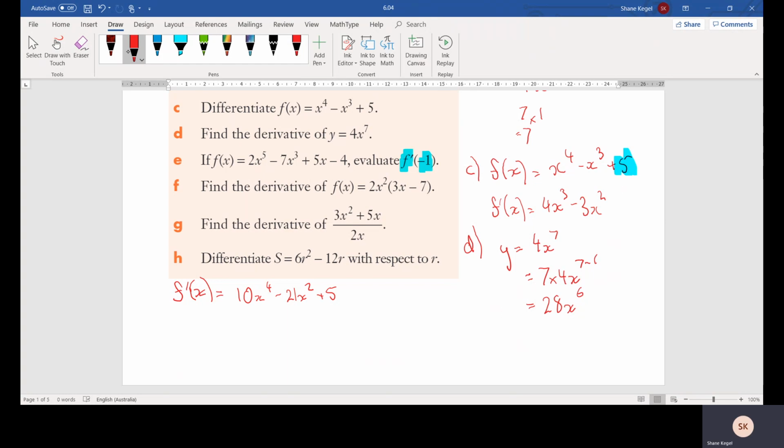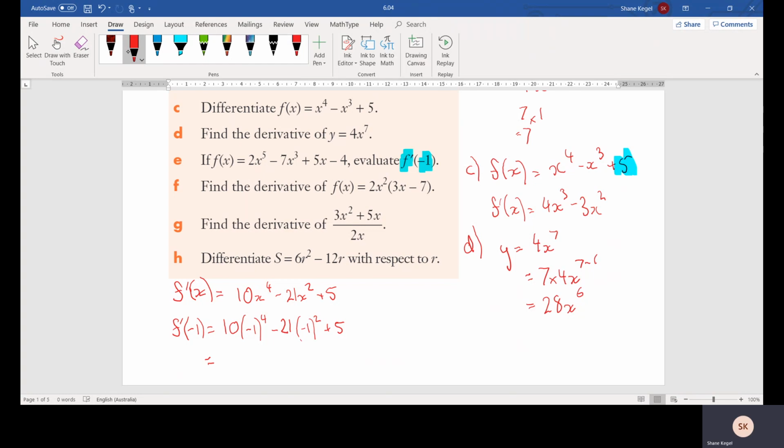Now I'm asked to evaluate f dash of x, which I've found, when x equals -1. So f dash of -1, everywhere x is, I sub in my -1 value. 10 times -1 to the 4th minus 21 times -1 squared plus 5. So all that I need to take into account here is my signs. When I've got an even power, my negative cancels.